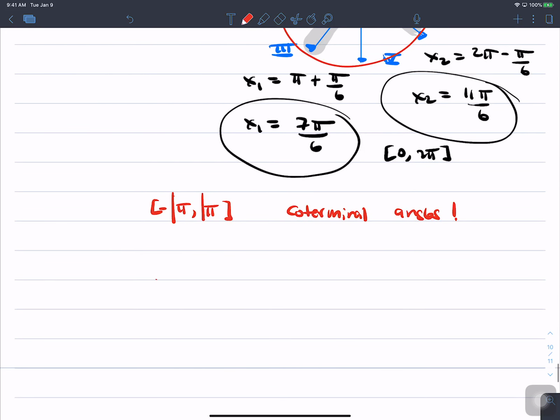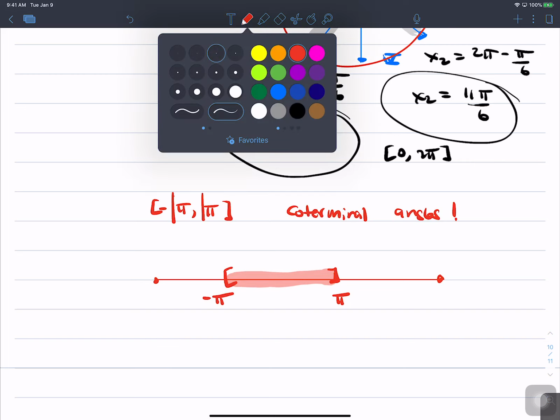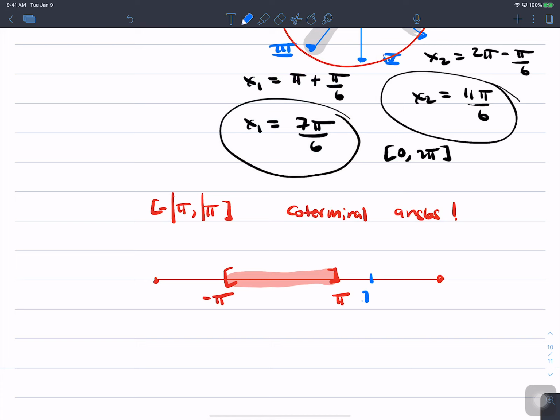Looking at the real number line, your solutions need to be between negative pi and positive pi. So 7 pi over 6 is outside, and sure enough, so is 11 pi over 6.